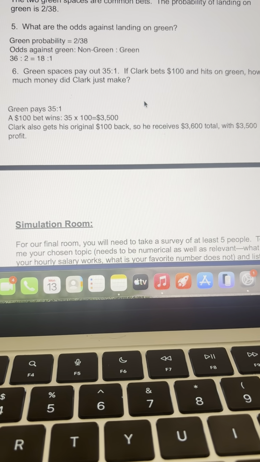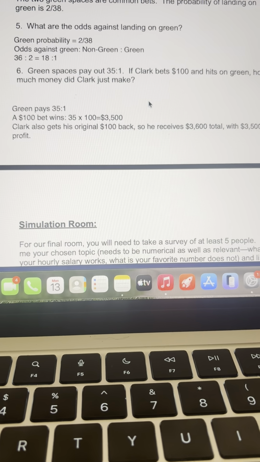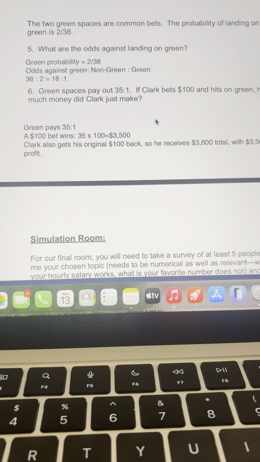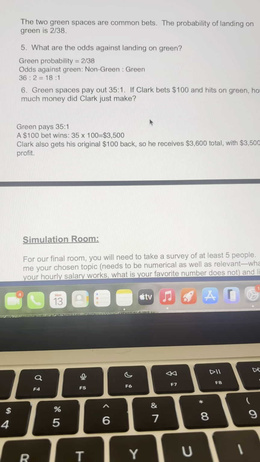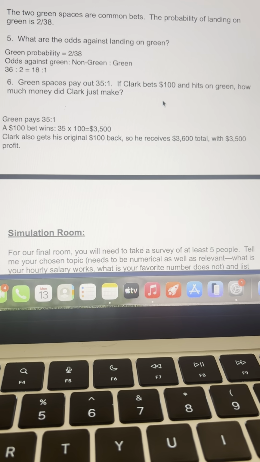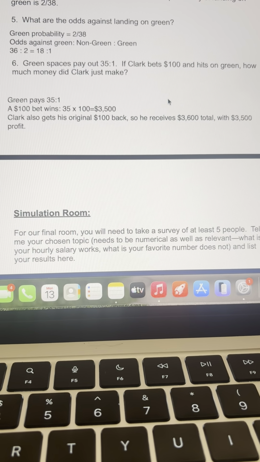Number 6, green pays 35 and 1. So if Clark were to win, he'd get his 100 back, and he'd end up with 3,600 total.